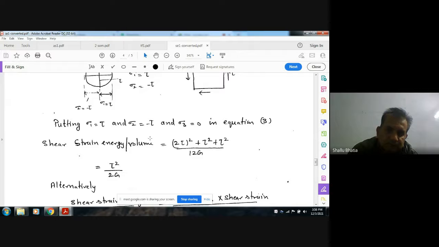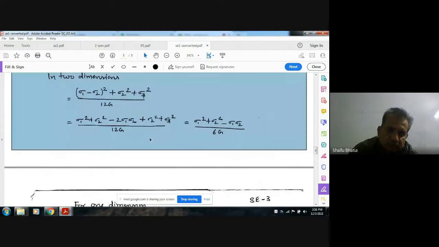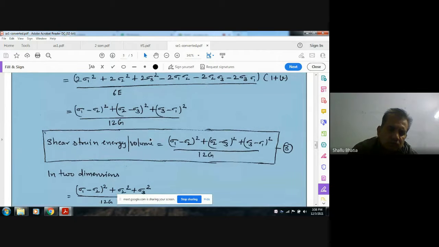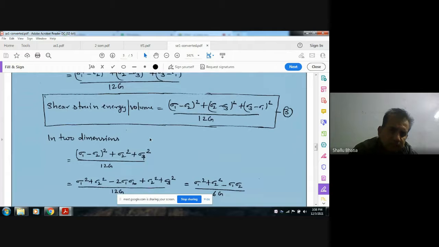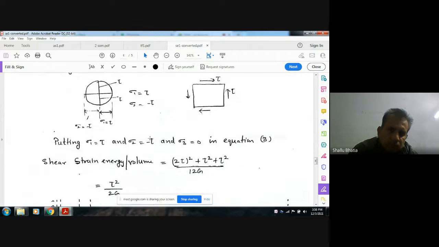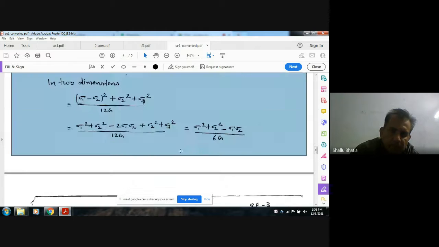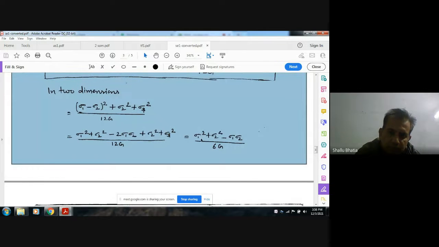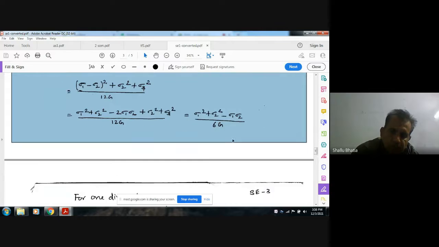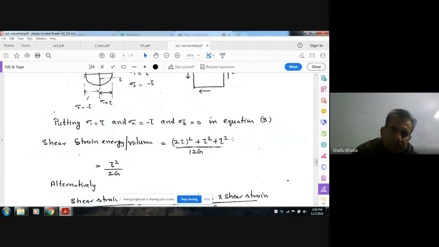Putting these values in the above equation of shear strain energy, we have tau square plus tau square plus tau square, that is 3 tau square by 6G, or tau square by 2G.